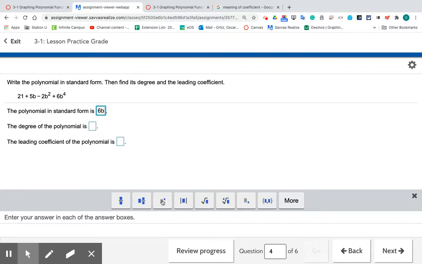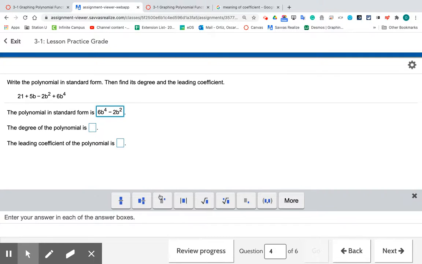B raised to the 4, and I didn't want to make this video too long, but hopefully you understand. So minus 2b, notice I'm not changing the signs, minus 2b raised to the 2nd power, and then move to the right, then plus 5b and plus 21.